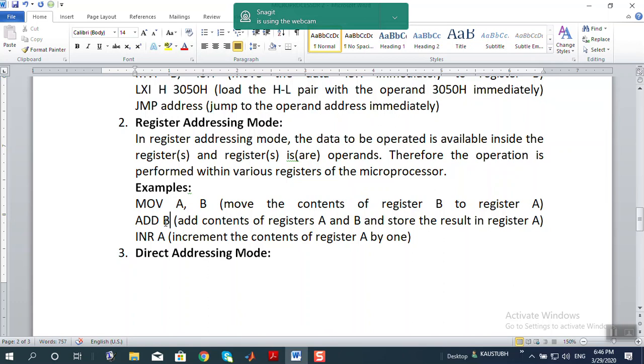Now if the second operand, the second data to be added, is in register B and you are specifying register B along with the ADD instruction, it is a register addressing mode instruction. Add the content of register A with register B and store the result in the accumulator, that is the meaning. Now INR A, another example. INR means increment.